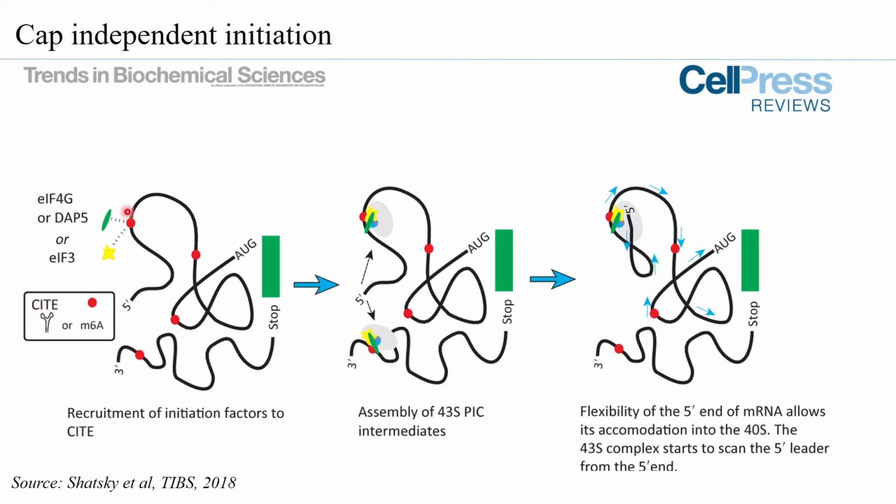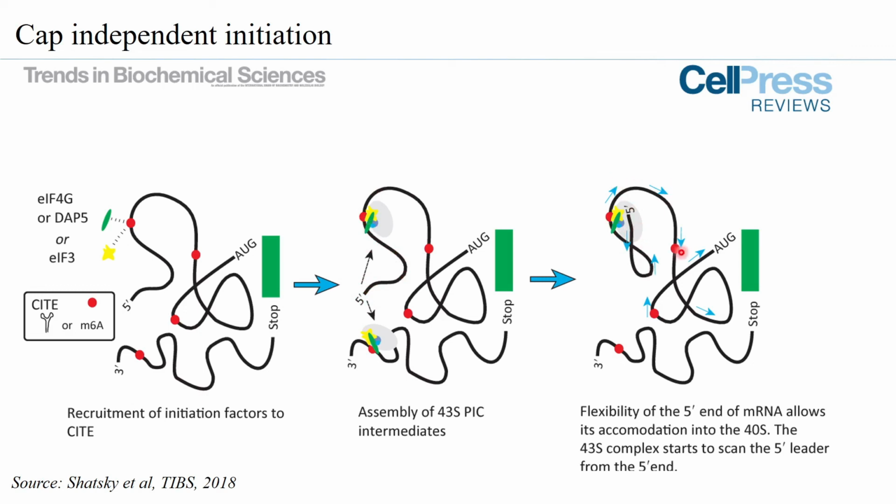Now at the 5' UTR, if there is a CITE or a methylated adenine, then you would have the pre-initiation complex being formed there. And with the pre-initiation complex being formed there, the 5' end also comes close to the start codon.